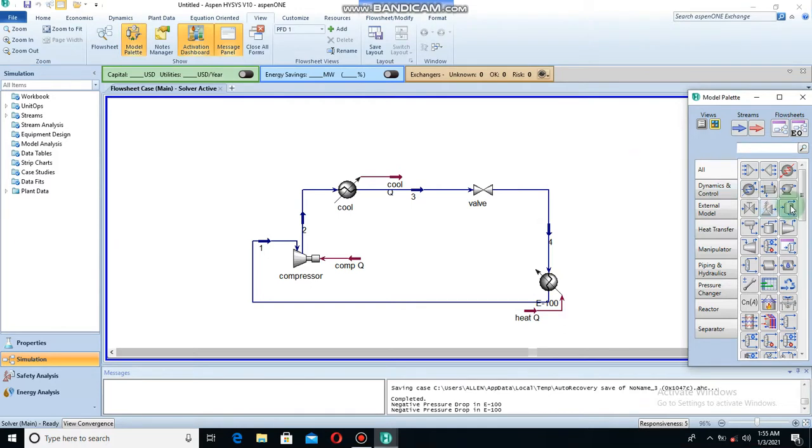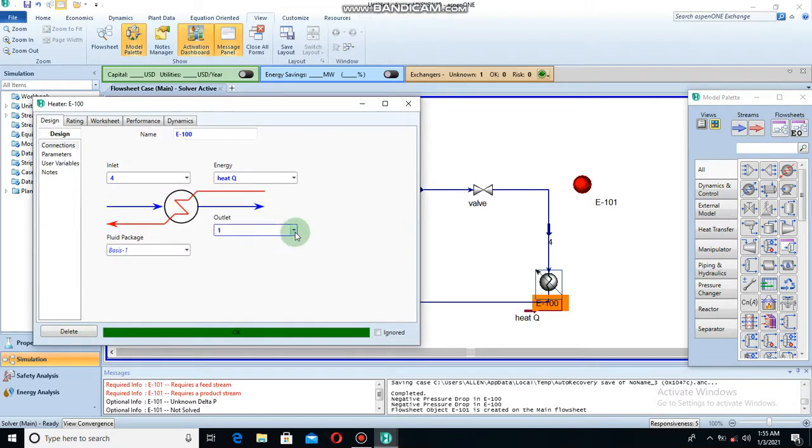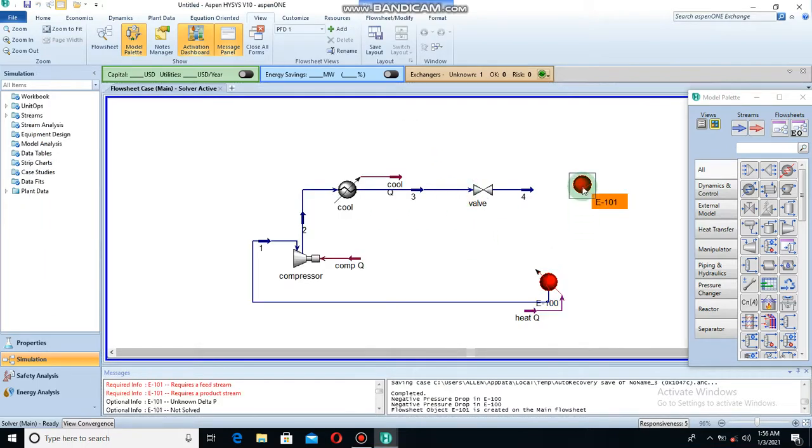Here we go. We get a heat exchanger ready, and we have to discharge that stream from the heater. Since it's going to go into a heat exchanger, it's going to come out from an outlet stream, so we need another stream here.